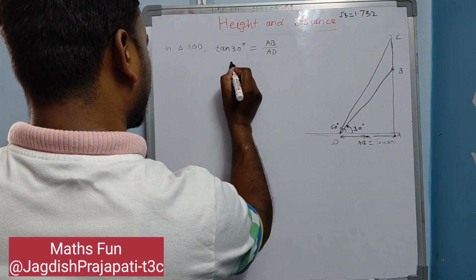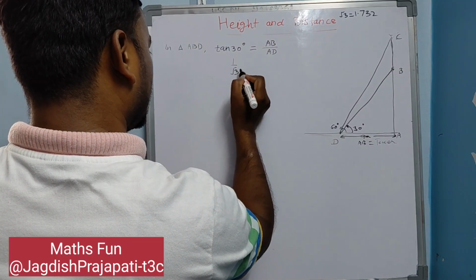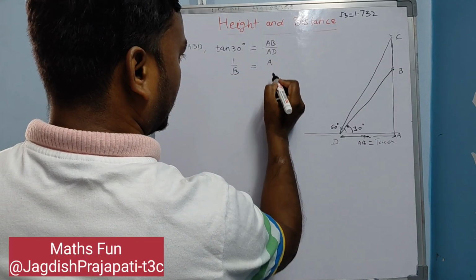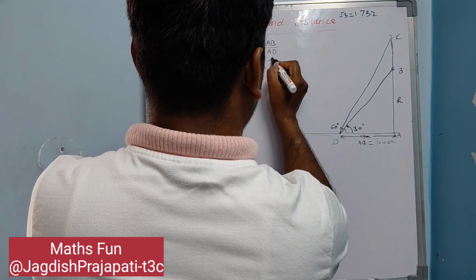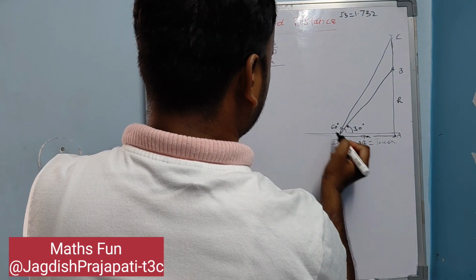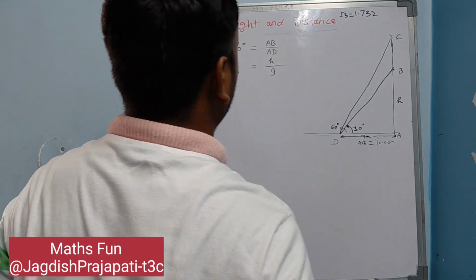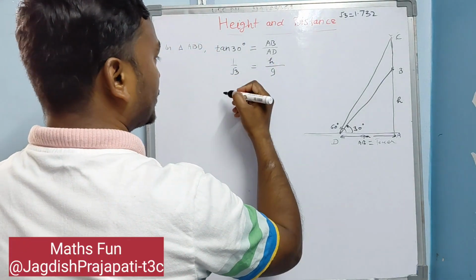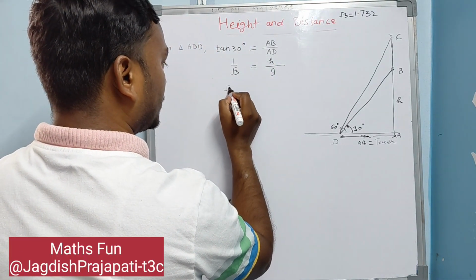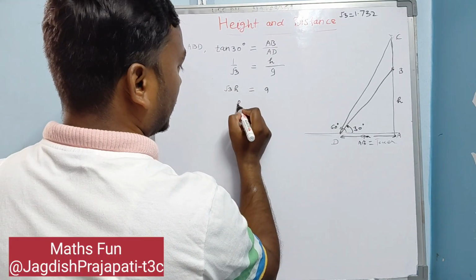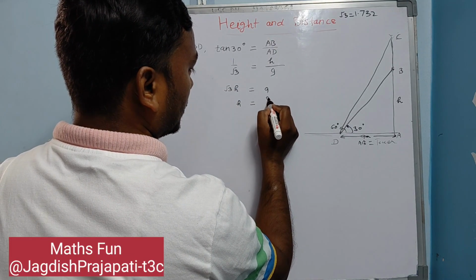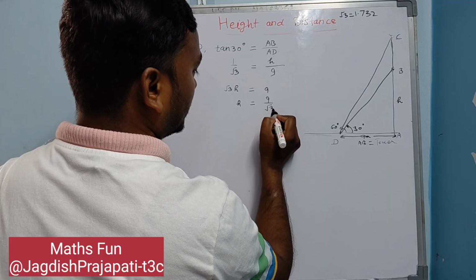Tan 30 is 1 upon under root 3. For simplicity, let's say this is H. So H upon AD. AD is 9. Okay. So if you use cross multiplication, so this will be under root 3 H equal to 9 or H equal to 9 upon under root 3.